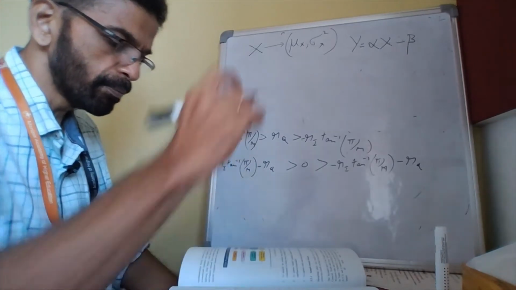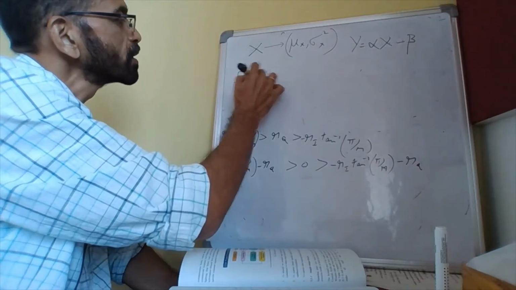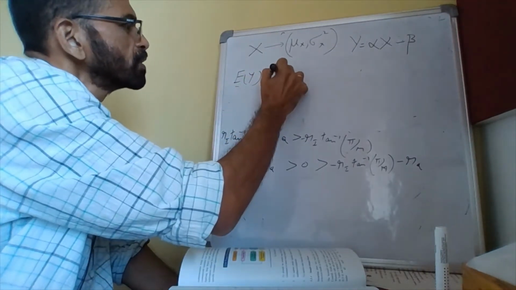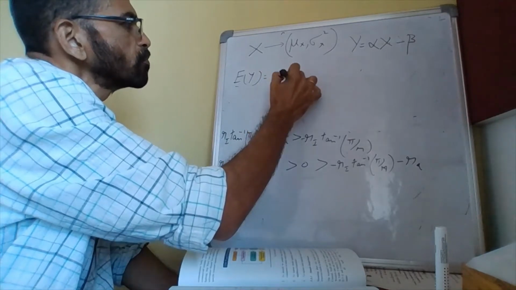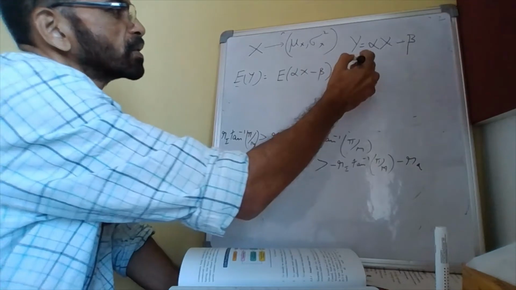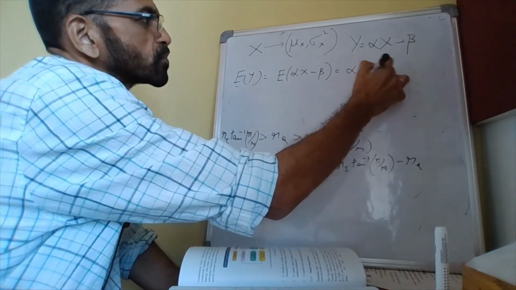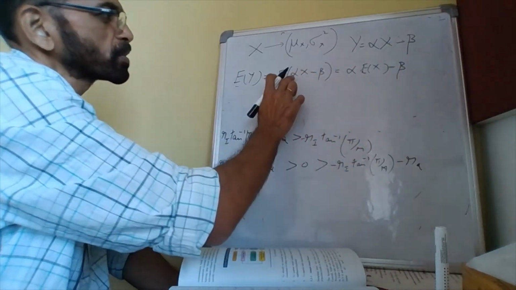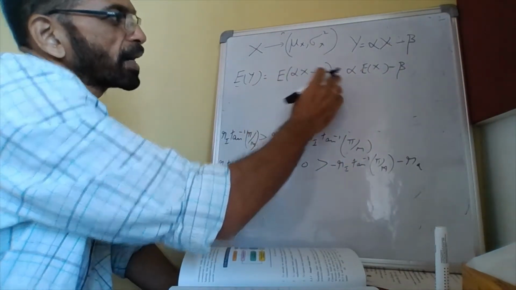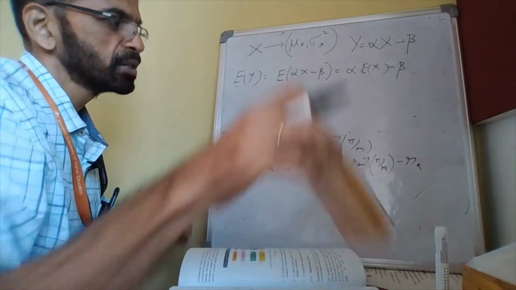Now expected value of y is the mean of y, and that will be expected value of alpha x minus beta, which will be alpha into expected value of x minus beta, because expected value of beta is beta, and alpha being deterministic, it has its value alpha, and expected value of x will be mu x.